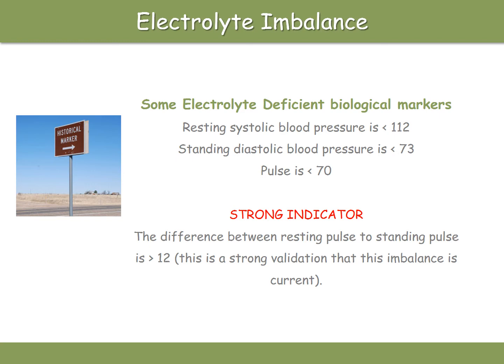This is the big marker. You can have under 112 and under 73 for the standing diastolic, but if you don't have this 12 difference, there's probably something else going on. So this 12 difference is what we need to look for.